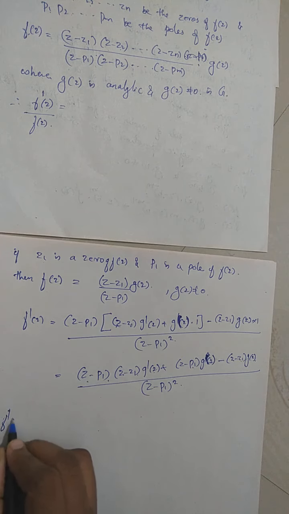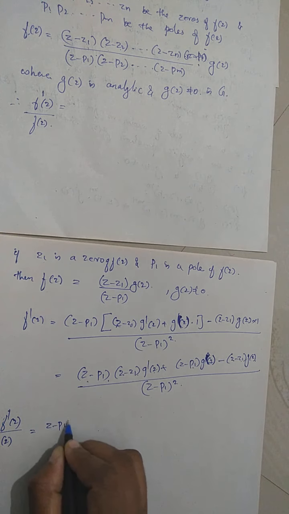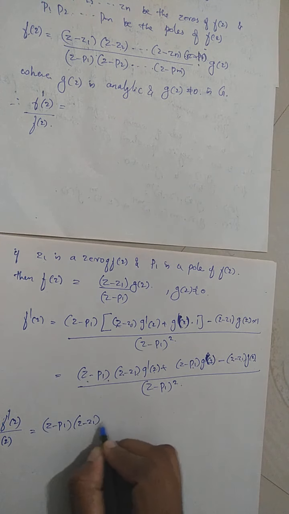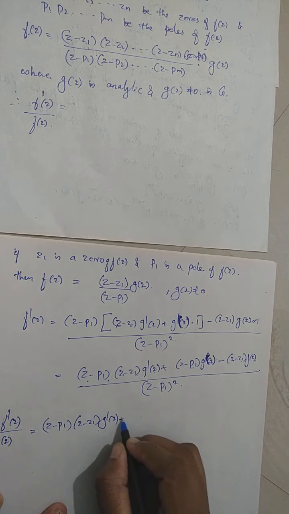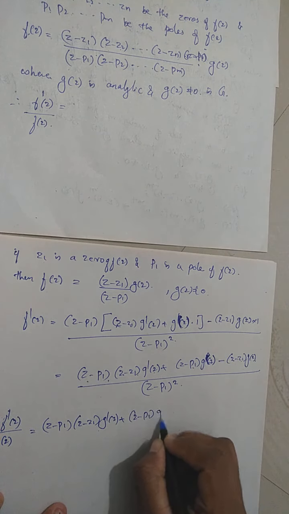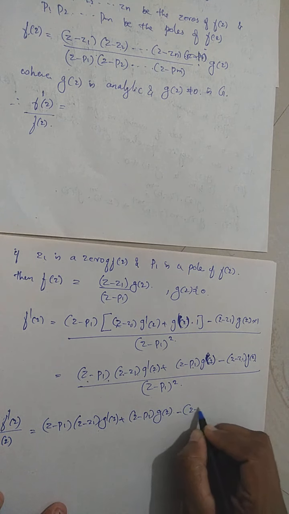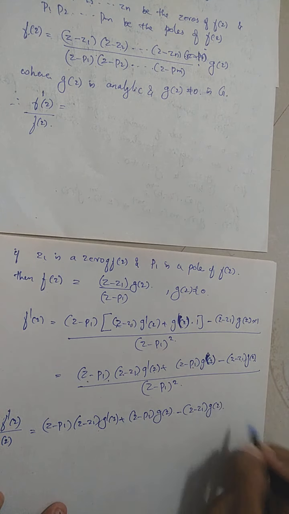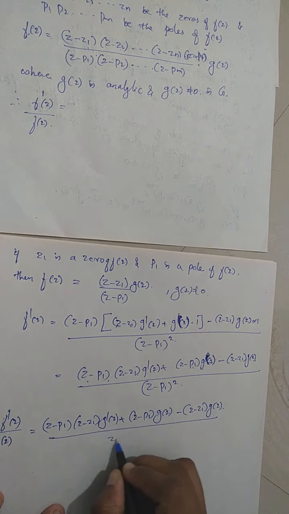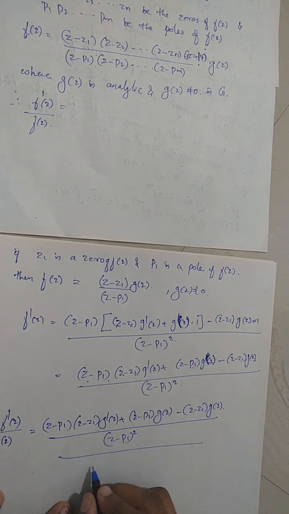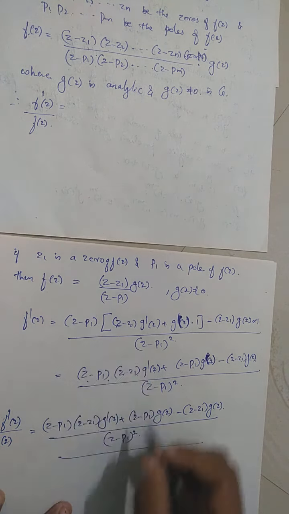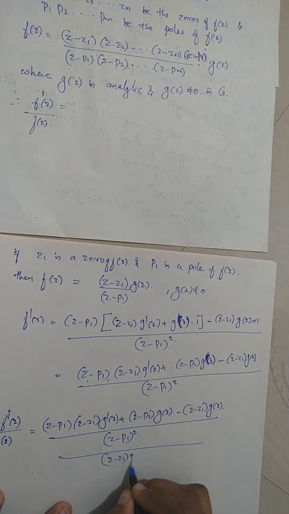Then what will be f dash z divided by f z? This is equal to z minus p1 z minus z1 g dash z plus z minus p1 g z minus z minus z1 g z, whole divided by z minus p1 square and whole divided by f z. What is f z? f z is equal to z minus z1 g z divided by z minus p1.